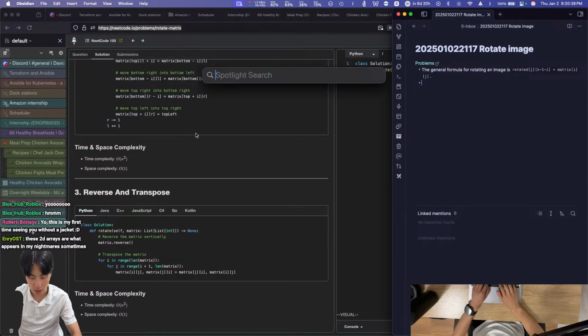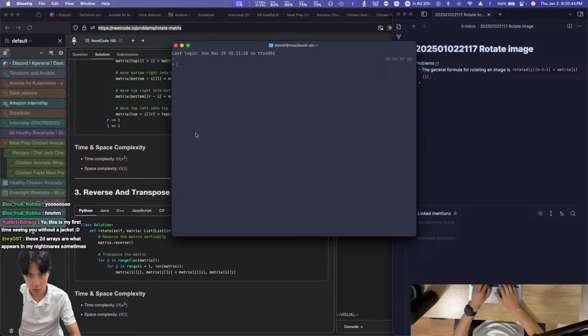Let me do this in a terminal. So say our matrix is 1, 2, 3, 4, 5, 6, 7, 8, 9.